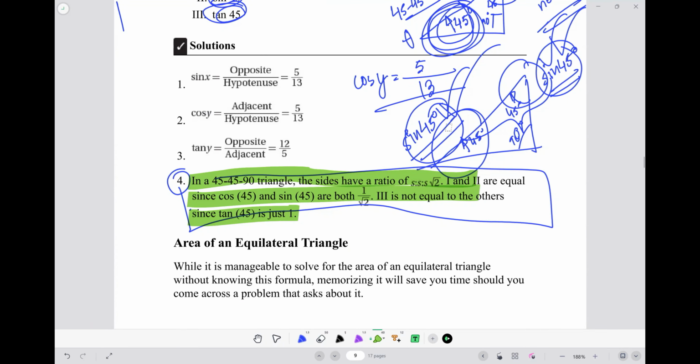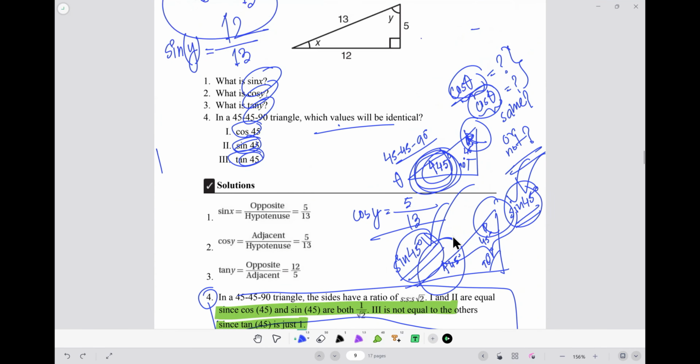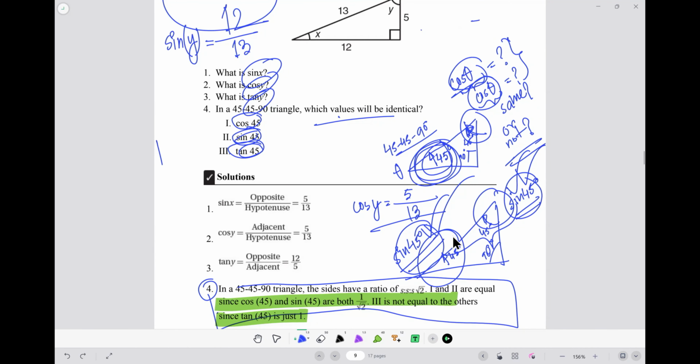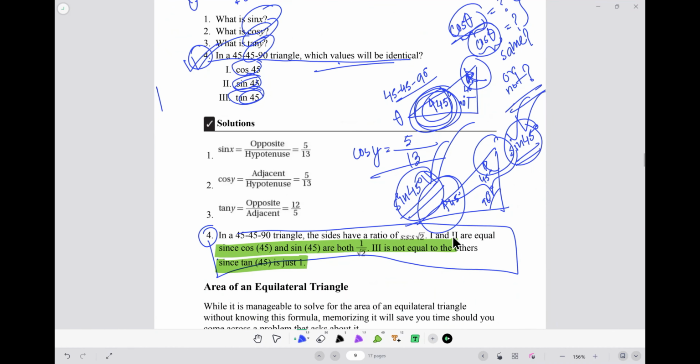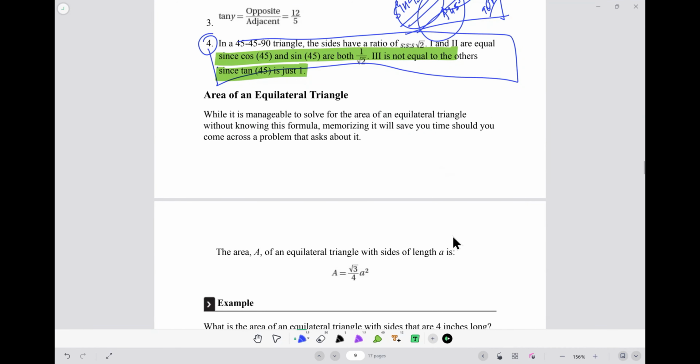Okay, so let me give you some expansion. In a 45-45-90 triangle, which values will be identical? If you want to solve this problem, you just need to apply some techniques.